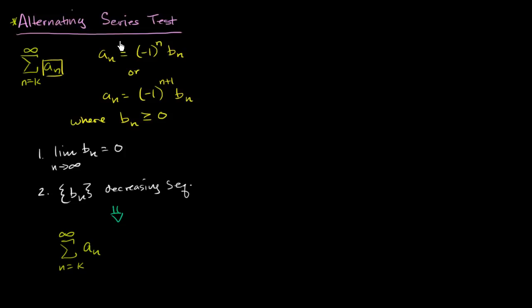So let's say I had the series from n equals 1 to infinity of negative 1 to the n over n. And we could write it out just to make this series a little bit more concrete. Actually, let's make this a little bit more interesting.